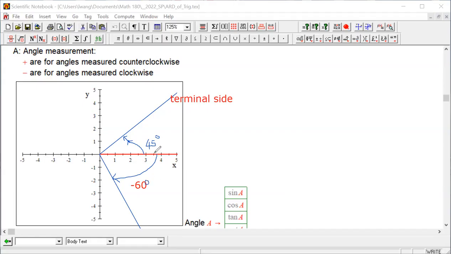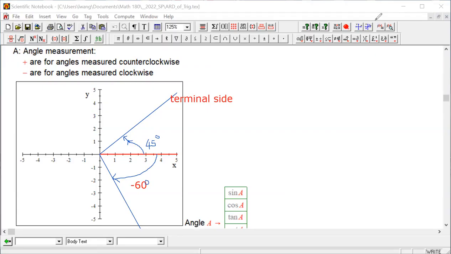So the sign in front of the angle measured from the standard position tells us how the angle is measured. This is the first important concept in trigonometric functions: standard position and angle measurement.